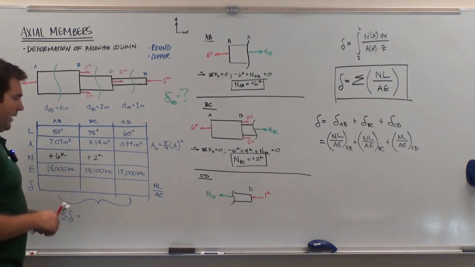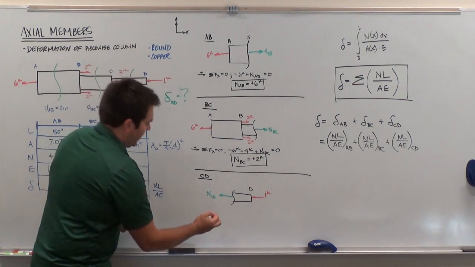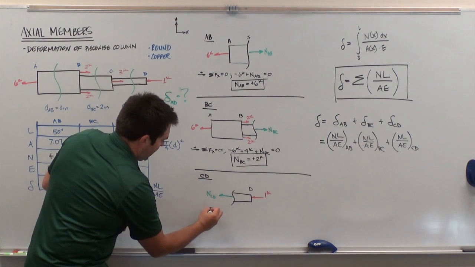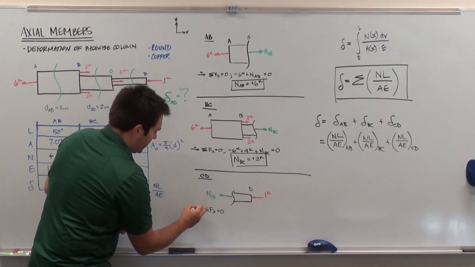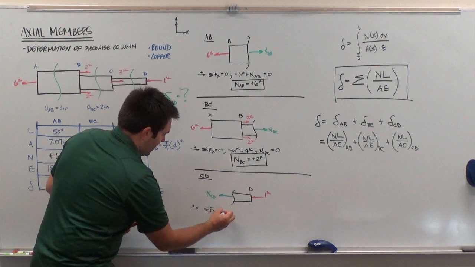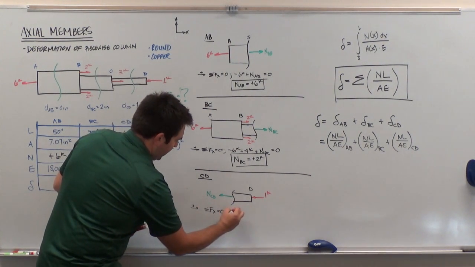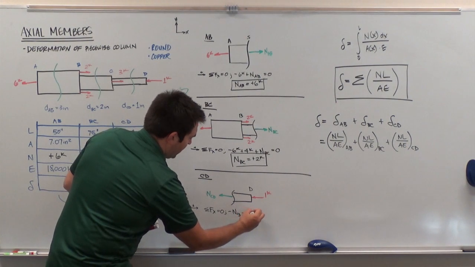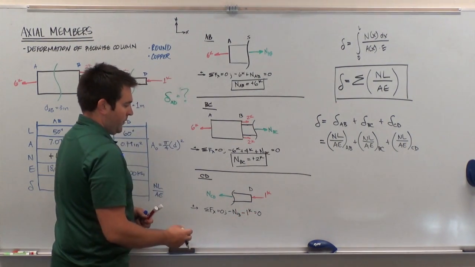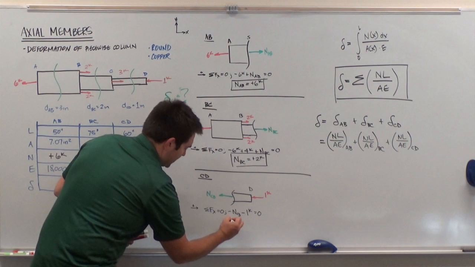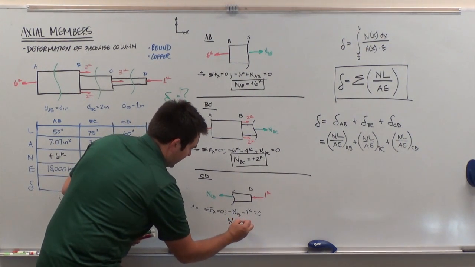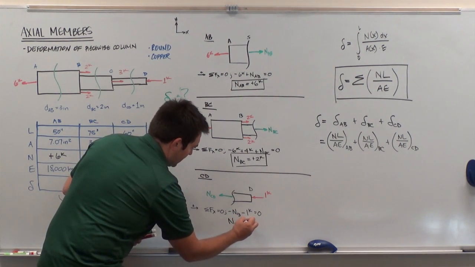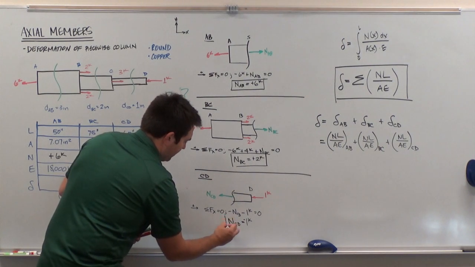So if I want to find NCD, all that I do is sum the forces in the x direction equal to 0. I get minus NCD minus 1 kip equals 0. Add NCD to either side, and I get NCD equals negative 1 kip.